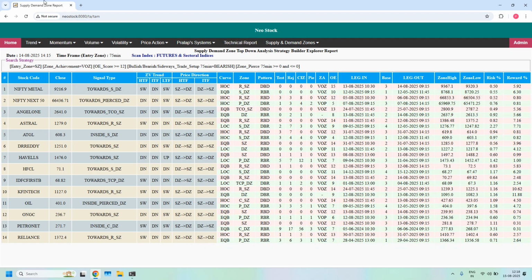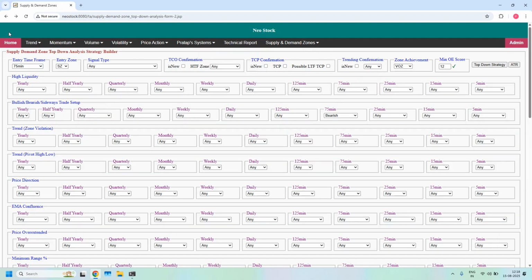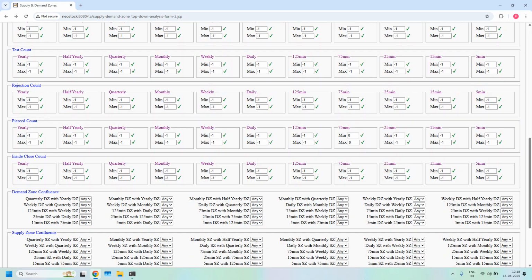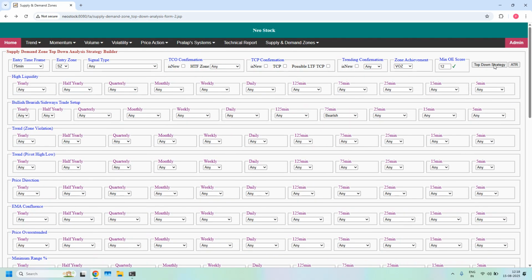So I'm going to apply on these 14 stocks the LTF and ITF supply zone confluence, that is 75 minutes and daily supply zone confluence. So this is the filter I'm enabling and applying on those 14 stocks.